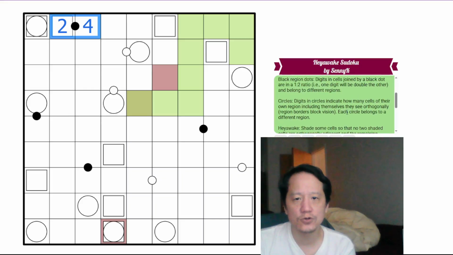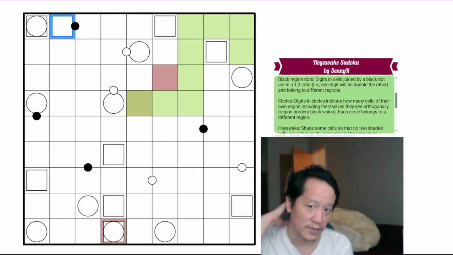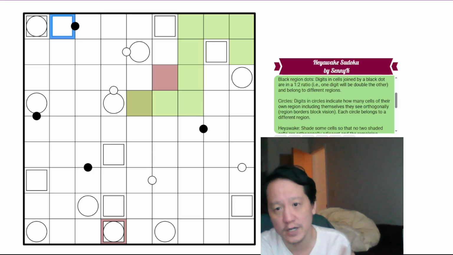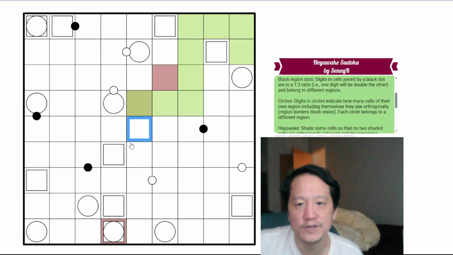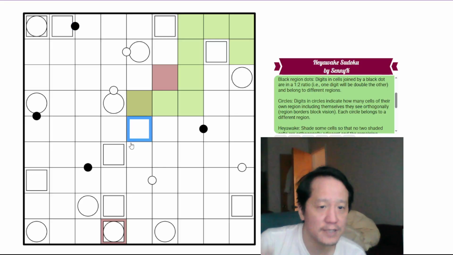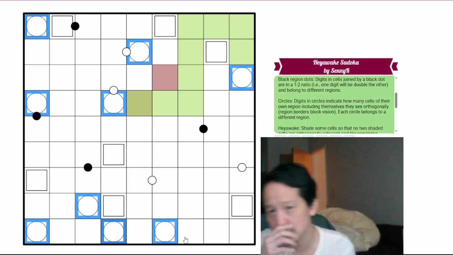We have circles, where digits in circles indicate how many cells of their own region, including themselves, they see orthogonally. And region borders block vision. And each circle belongs to a different region. So we have 1, 2, 3, 4, 5, 6, 7, 8, 9 circles.